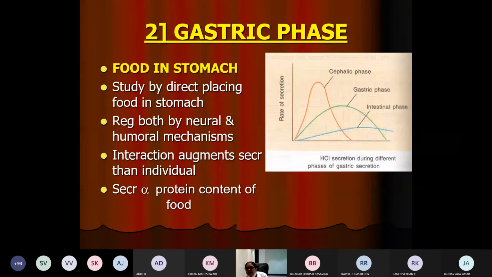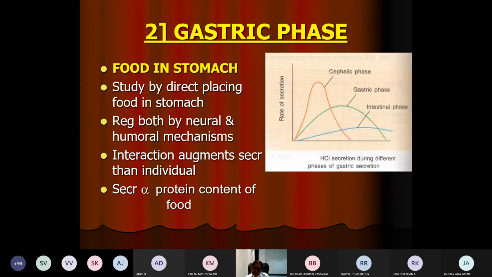It is a diagram showing HCl secretion during different phases of gastric secretion. That is the rate of secretion on one side. You can see first the cephalic phase, then the gastric phase, then the intestinal phase.